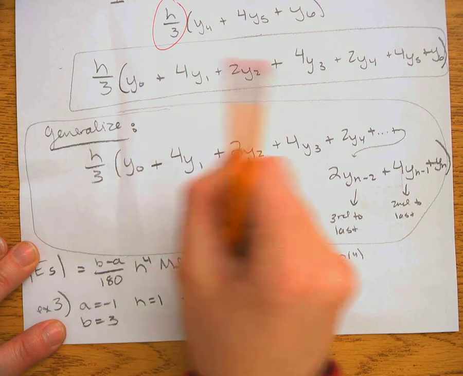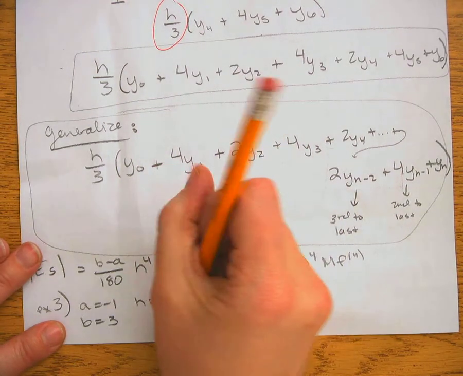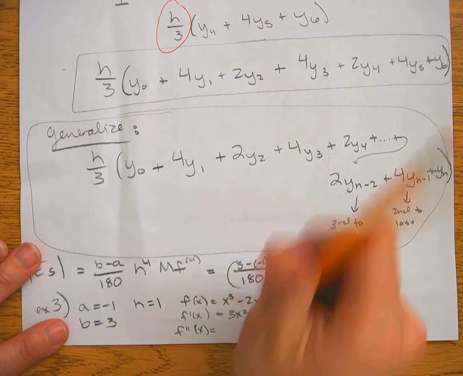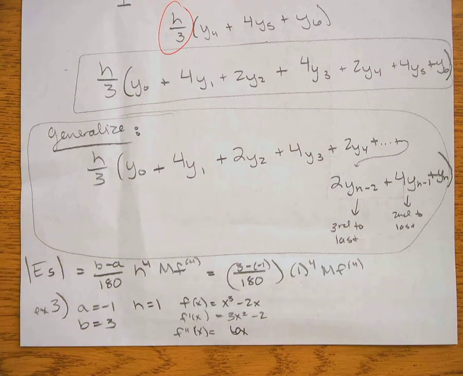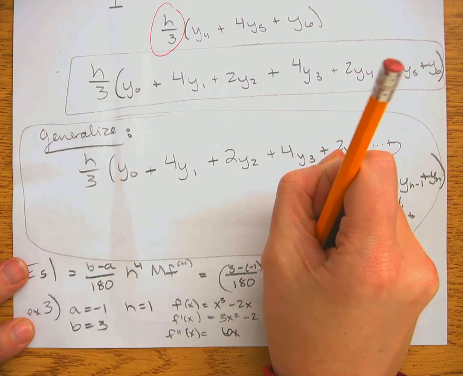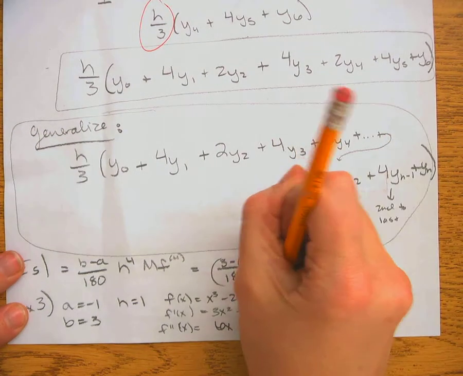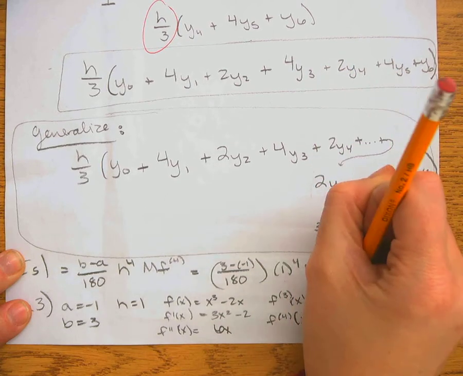F prime of x would be 3x squared minus 2. F double prime of x would be 6x. And then the third derivative, f triple prime of x, would be 6. And then the fourth derivative of x would be 0.